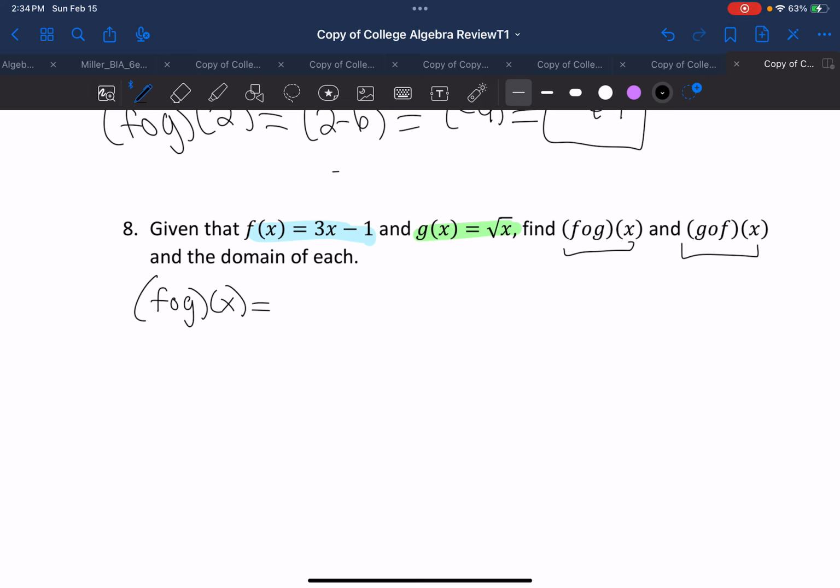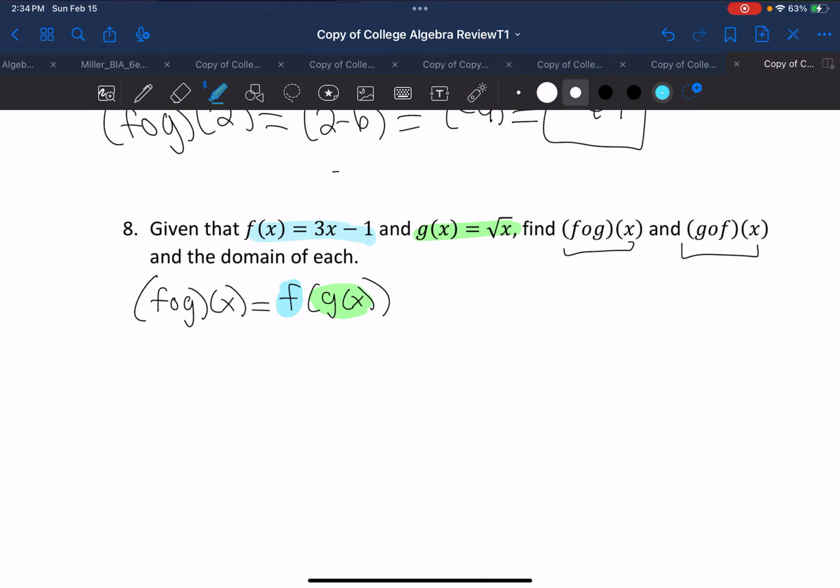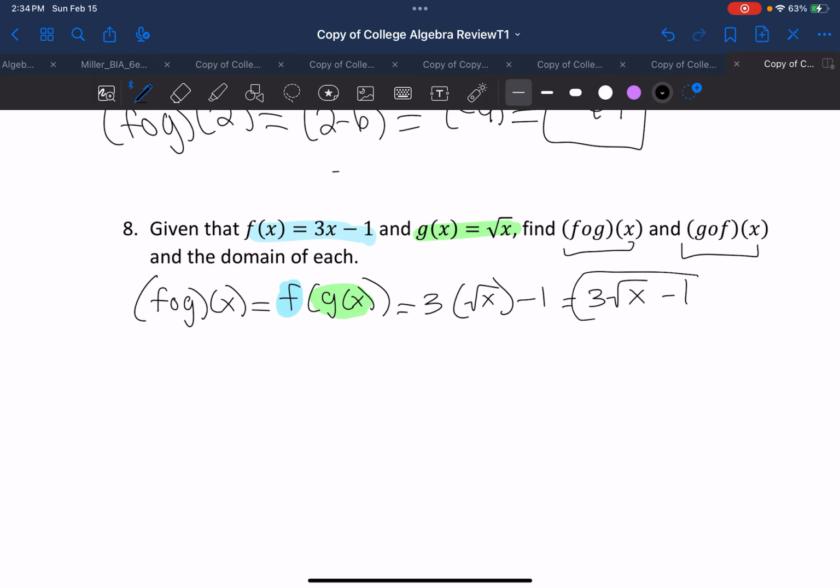So f of g of x tells me to plug g of x into f everywhere I see an x, so this would be 3 times the square root of x minus 1, and I can't do anything with that, so that's just 3 times the square root of x minus 1, just as it is.